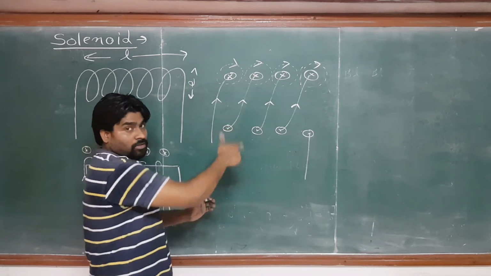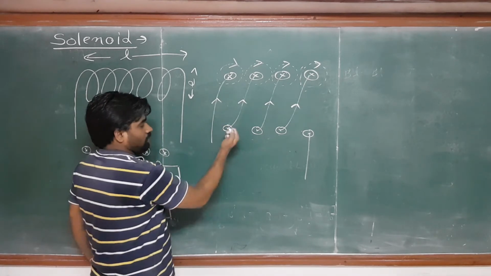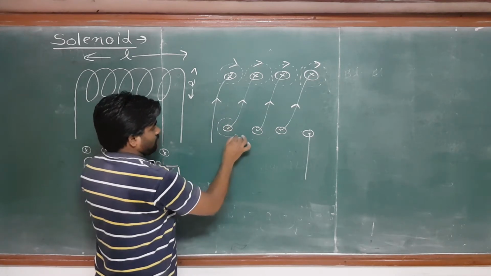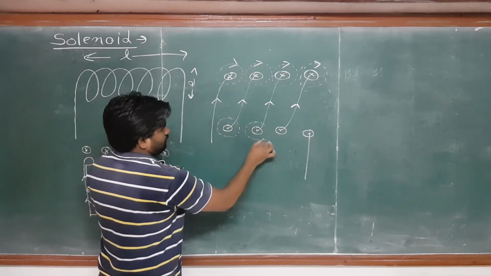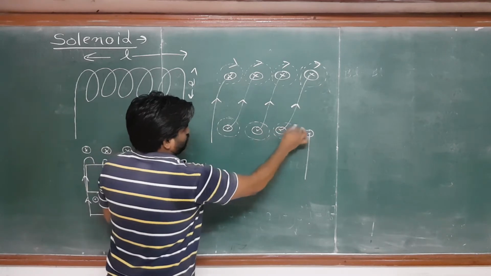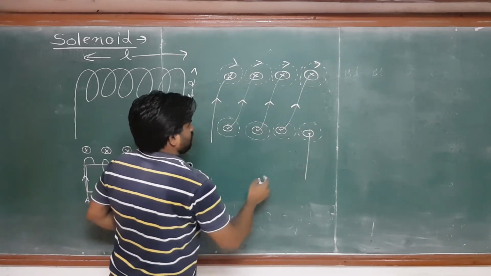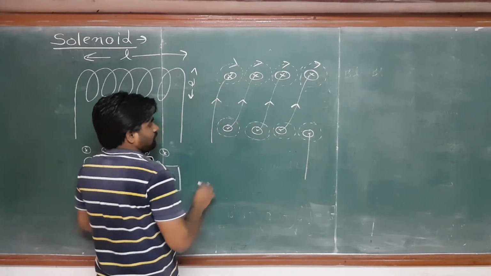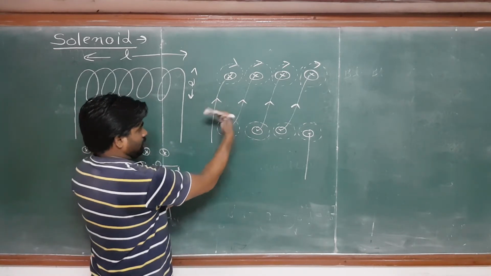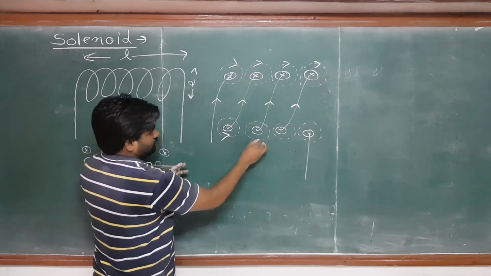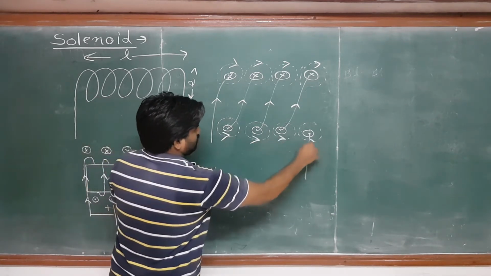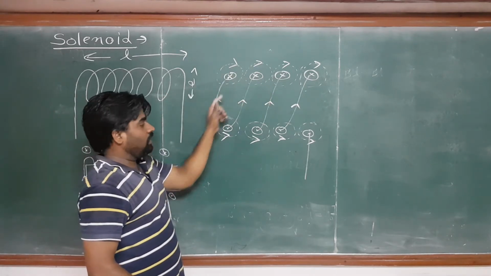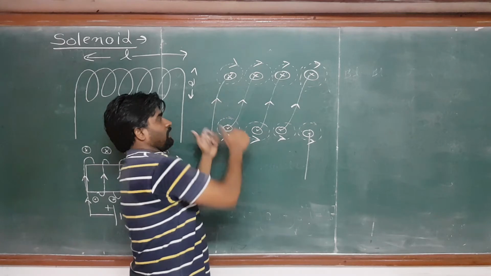If it is coming out, then you will draw the anti-clockwise direction. So I will draw like this, don't attach these circles. You can do like this here. Okay. Now you can see it is coming and going in this direction from this side, and it is going in this side.